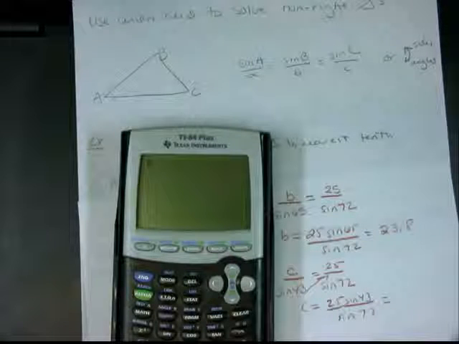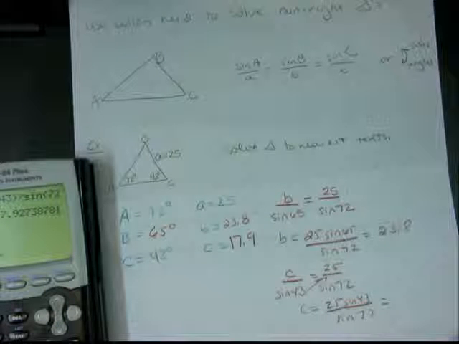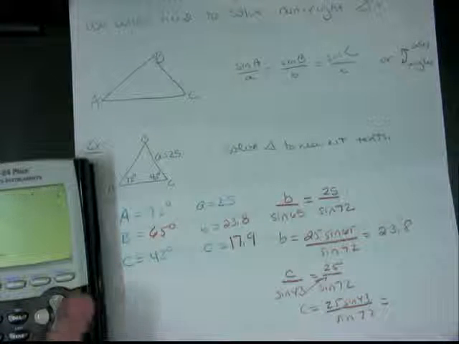Use your calculator. Close your parentheses. And we get that it's 17.9. All right, so when you're asked to solve a triangle, make sure you're putting all 6 pieces of information in it.